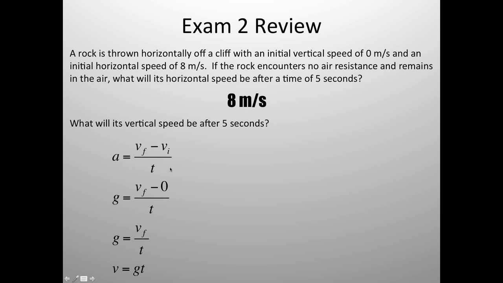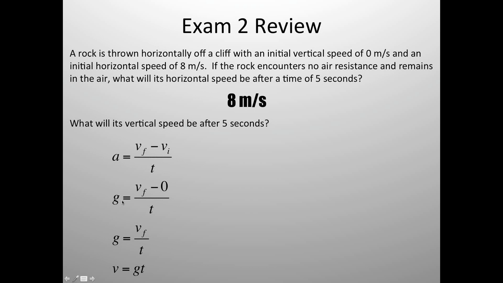And this is the one that you'll be given on your equation sheet. So you can memorize velocity equals gravity times time for vertical speed, which is what we end up with here, or you can use the actual acceleration equation, whichever one you're more comfortable with. This right here is the one that you'll be given on the equation sheet.